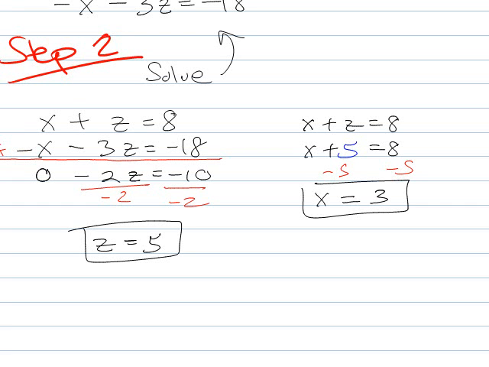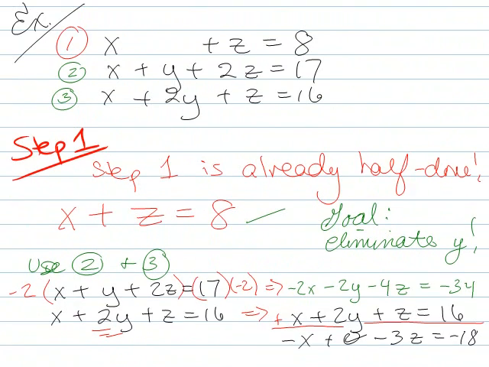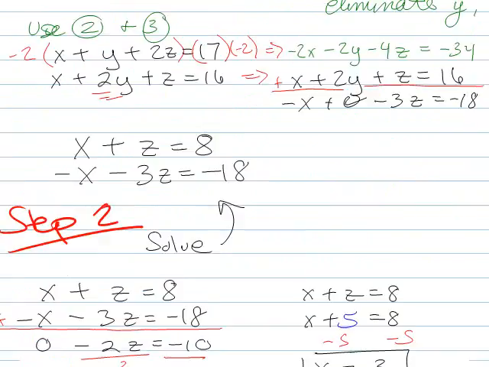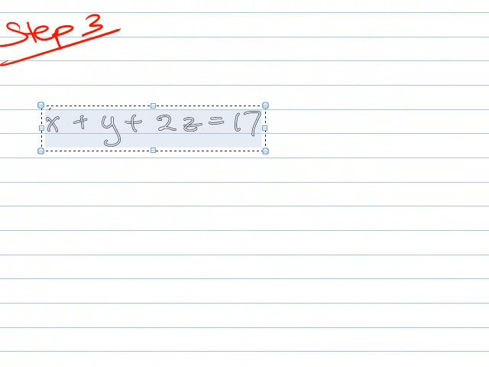Alright, so I now have x and z. Now I can move on to step 3, which is to go back to one of my original equations and plug in for y. I'm going to pick this one because the y is by itself, which means it's one less thing to multiply by. And plug that in there.